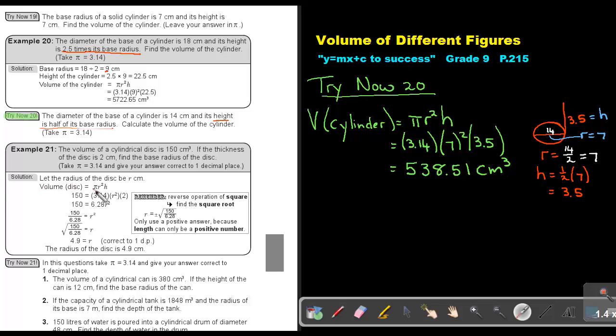So the volume of a cylinder is pi r squared times the height. Now substitute the volume. Substitute pi. Oh, you're looking for the radius, so just leave it and substitute the height, because that thickness is the height.